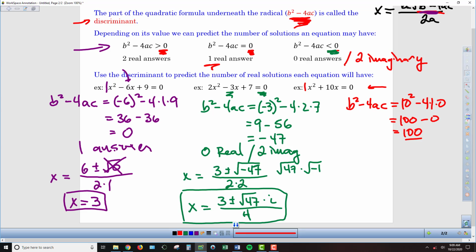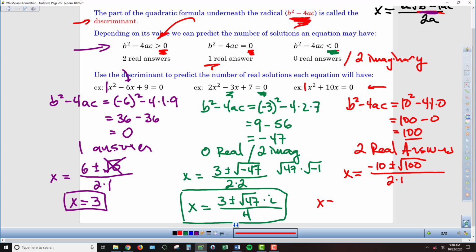And so since that's positive, that falls into this category here, where we're going to have 2 real answers. And so then to finish things out in our full formula, we have x equals, and then negative b, so b is 10, so that becomes negative 10, plus or minus the square root of, so b squared minus 4ac, we just found that that equals 100, and then all over 2 times a, so 2 times 1, so we just get 2 in the bottom.